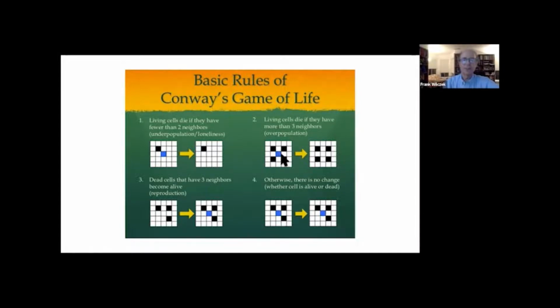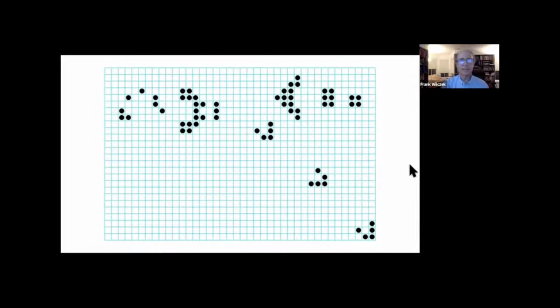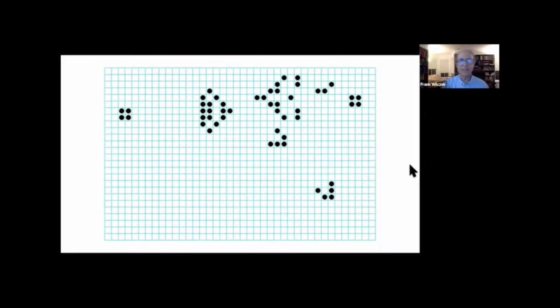If you have 4 nearby neighbors out of these 9, out of these 4 on the corners, then you die of overpopulation. Otherwise, there's no change. So those are the rules of life. And those rules seem incredibly simple, and yet they can give rise to rich dynamical behavior.